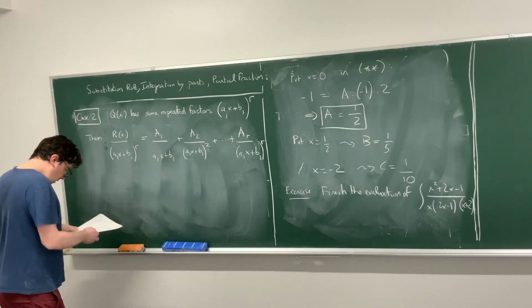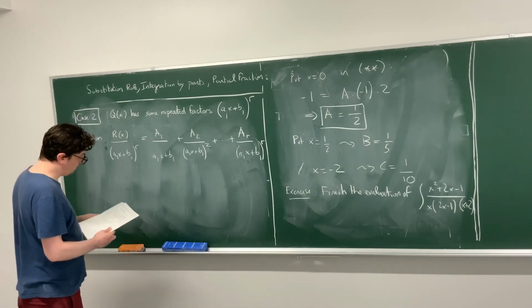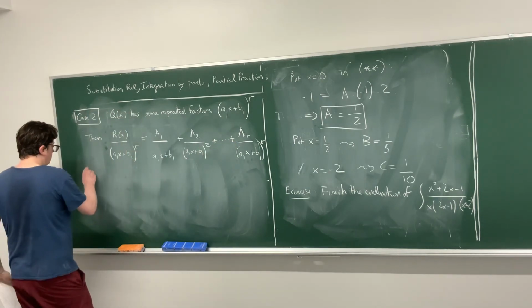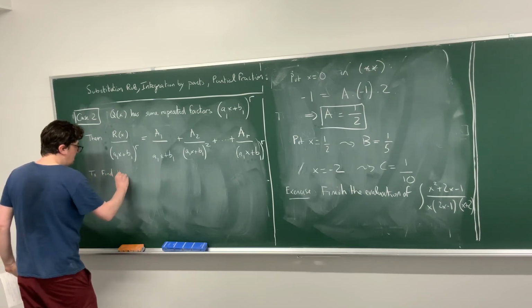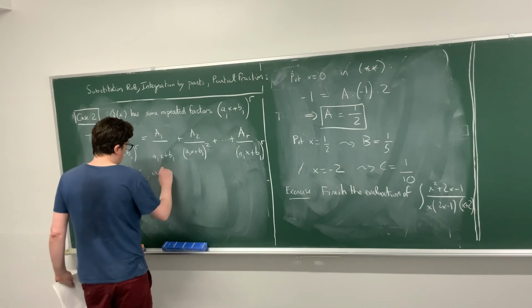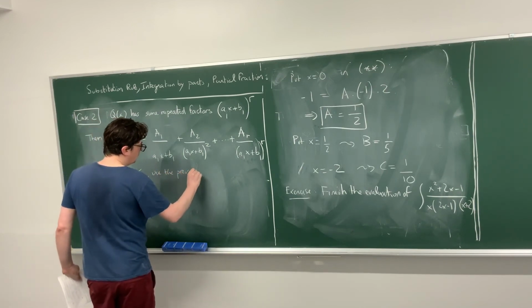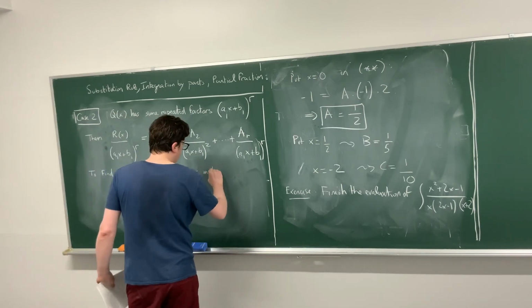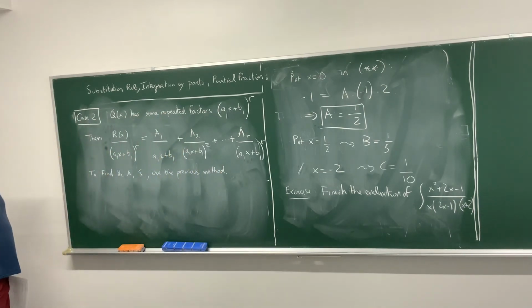Now again, how to find the A1, A2, Ar? To find the Ai's, use the previous method. You remember, it is very easy.